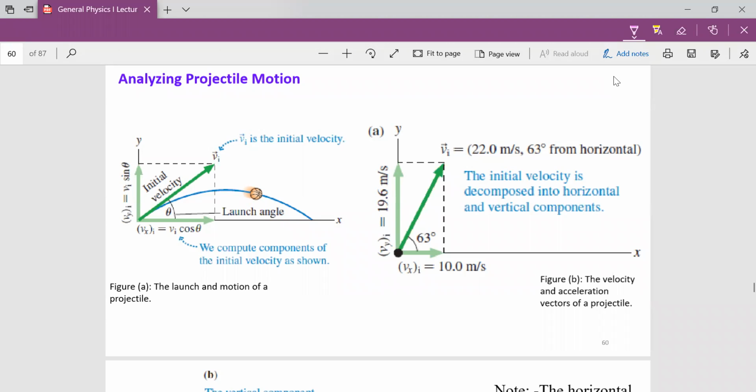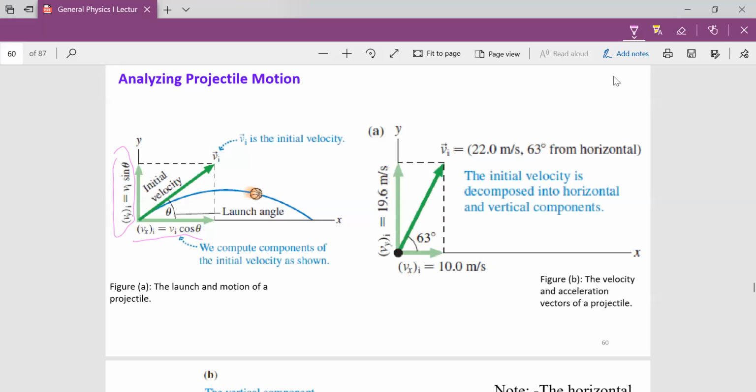This initial velocity can be resolved into its x component and y component. We were able to prove how we got this in our previous class. So the x component is v_i cos θ and the y component is v_i sin θ. θ is the launch angle, okay?